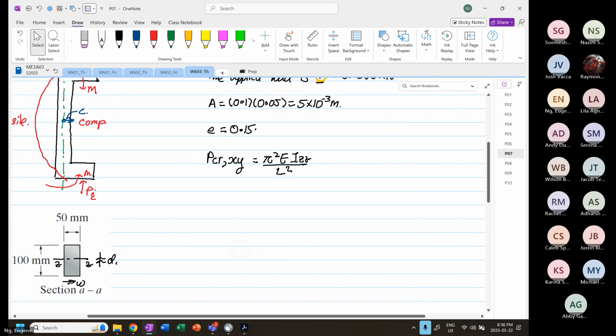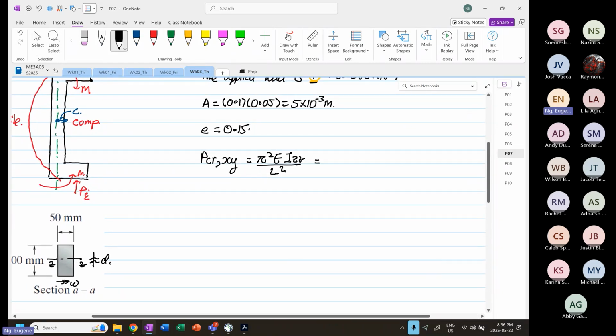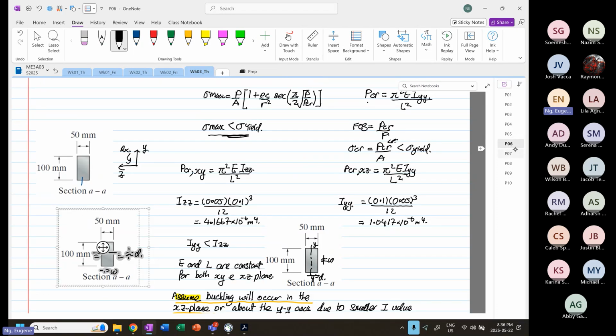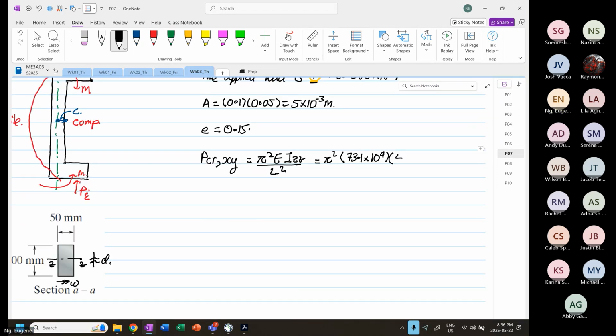So we know that this is equal to pi squared, Young's modulus is 73.1 times 10 to the power 9. IZZ, we did calculate earlier. IZZ is 4.1667 times 10 to the power minus 6. The length is the same, so this is 3 squared.